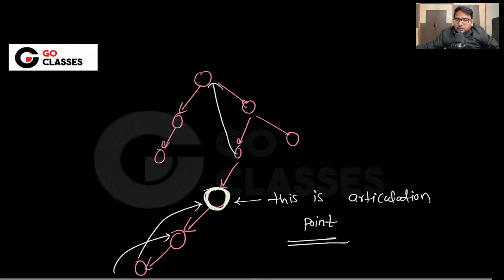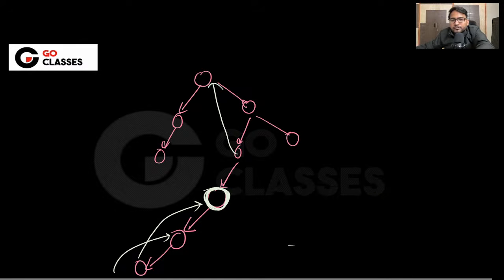Now suppose I have something like this, which means one of its descendants is connected to the ancestor directly. Is this an articulation point? See here, let's suppose currently it is not an articulation point, but interestingly, this is a very interesting case.